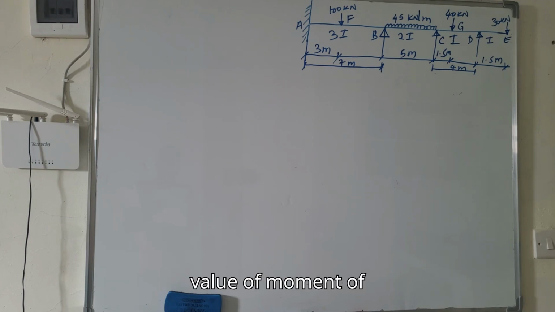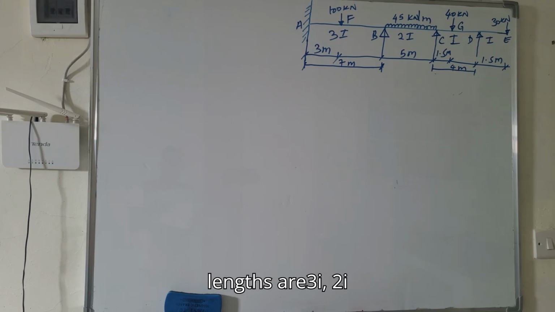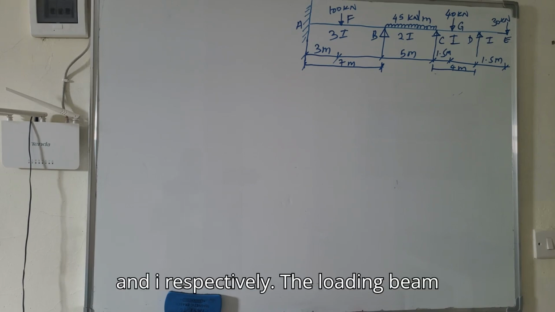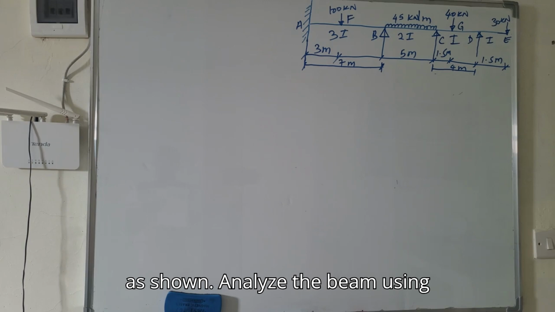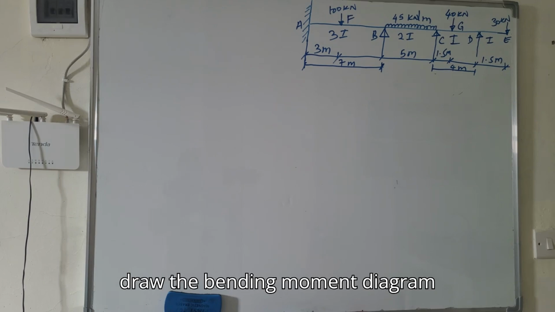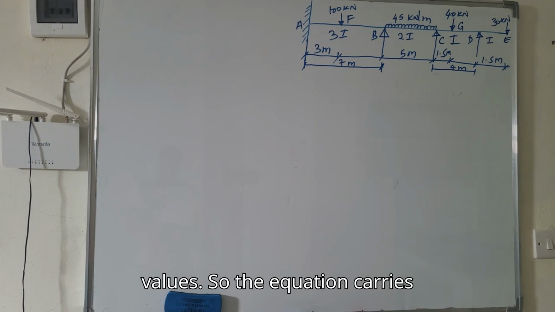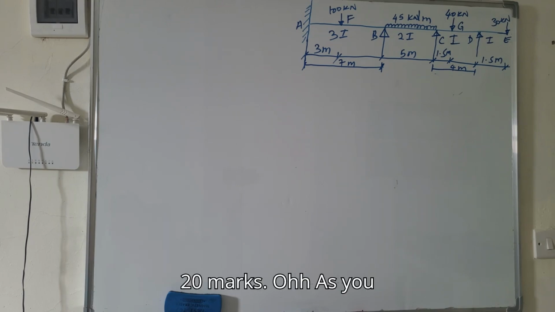The value of the moment of inertia of the section over each of these lengths is 3I, 2I, and I respectively. The loading is as shown. Analyze the beam using the three-moment theorem and hence draw the bending moment diagram indicating the critical values. The question carries 20 marks.